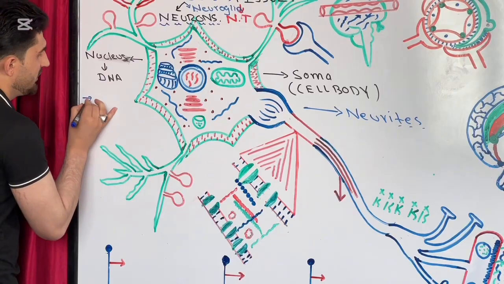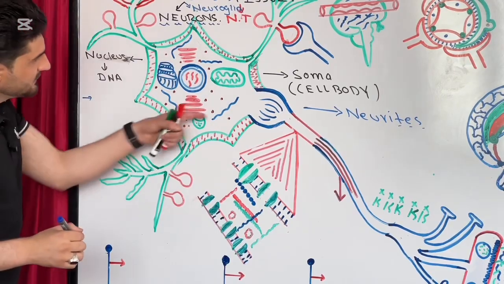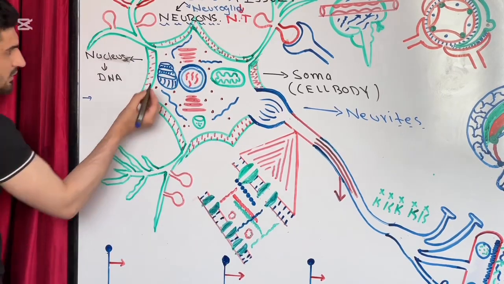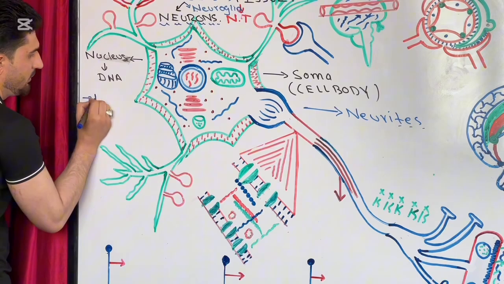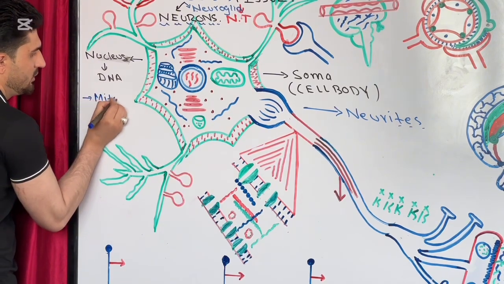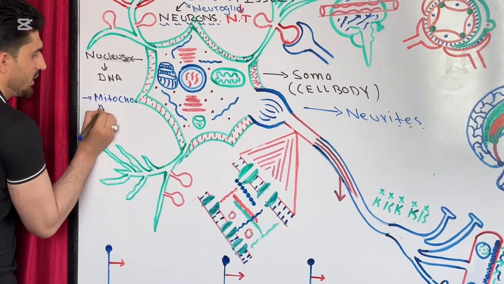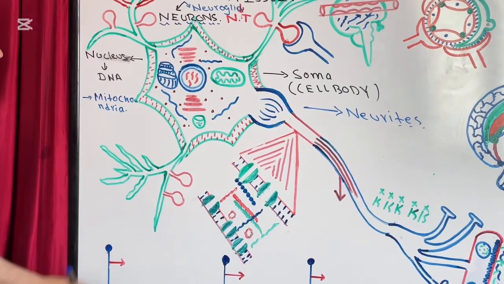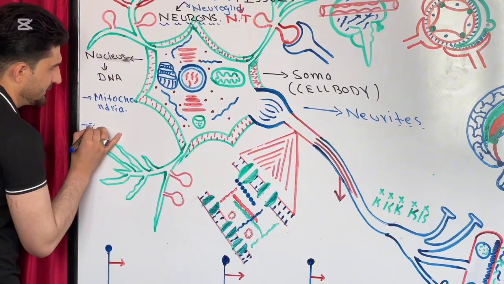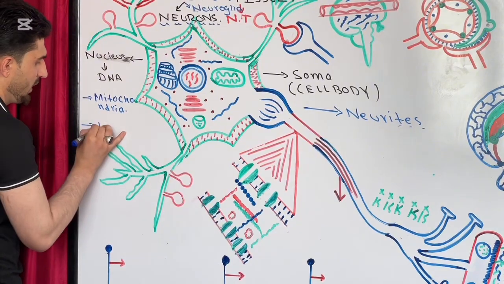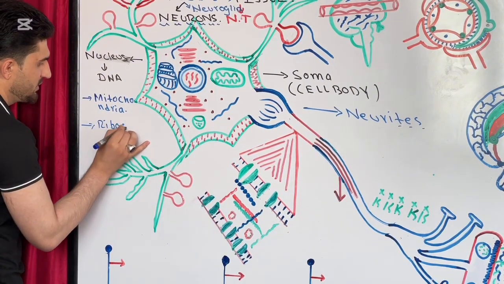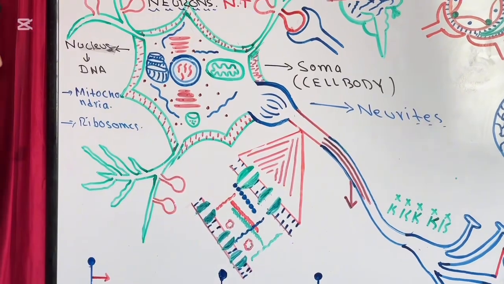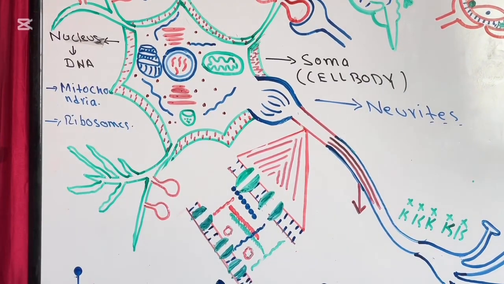Then in soma we have different types of organelles. For example, we have mitochondria to help us in production of energy. Also we have some ribosomes, like other cells, that I have talked about in the previous lecture.